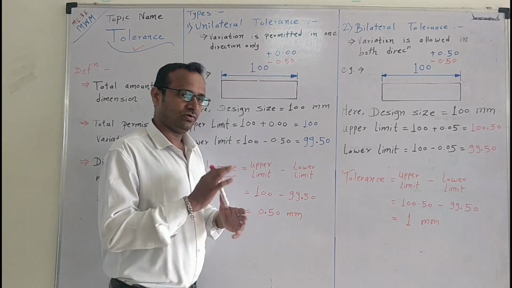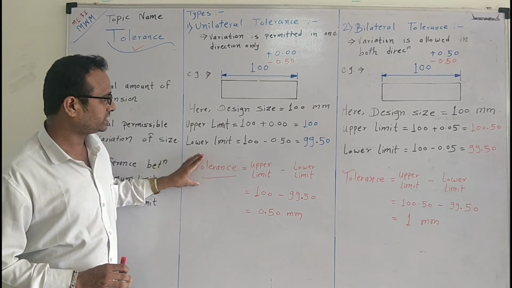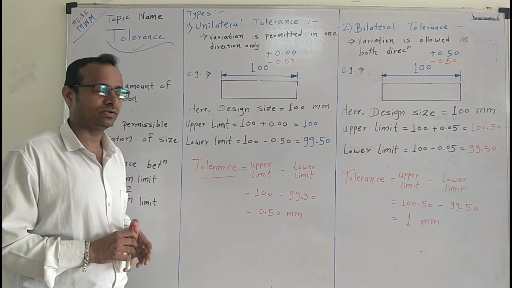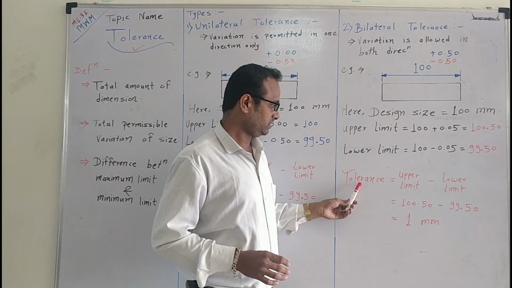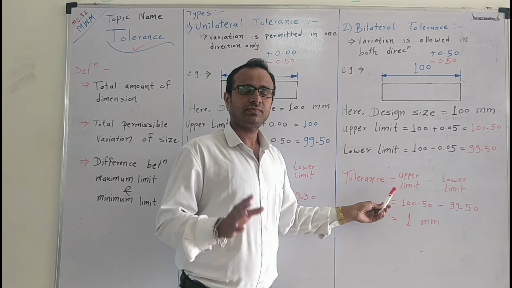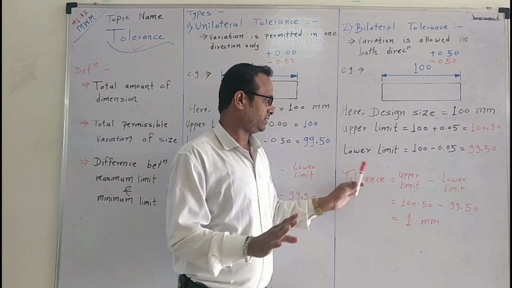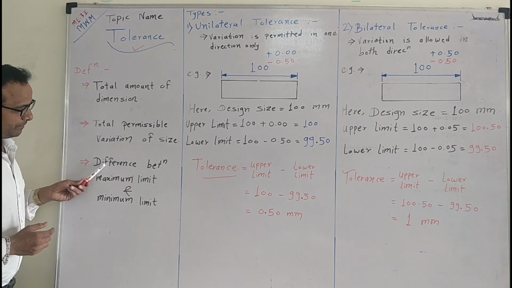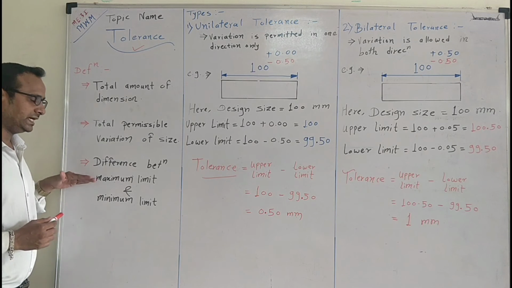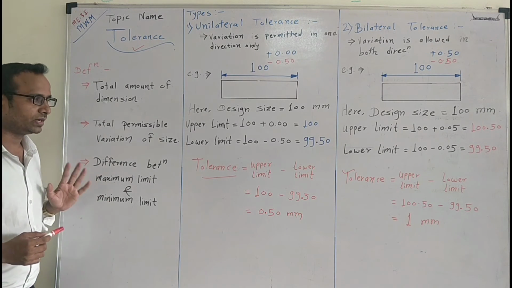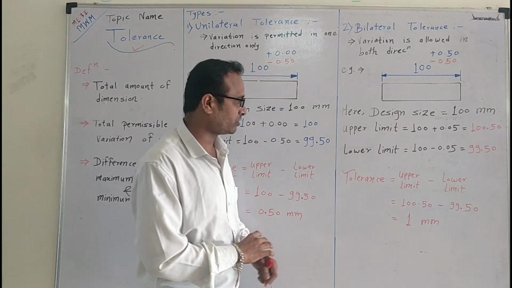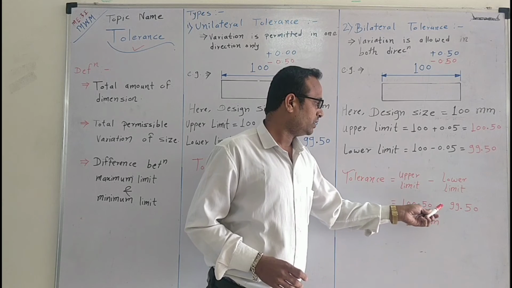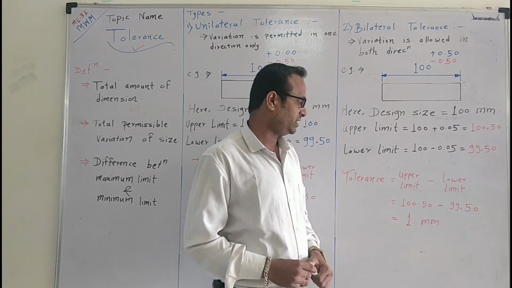Now we calculate the tolerance in the same way. The same formula applies for bilateral tolerance: tolerance is equal to upper limit minus lower limit. Tolerance is nothing but the difference between maximum and minimum limit, that is, the upper and lower limit. Upper limit is 100.50 and lower limit is 99.50.